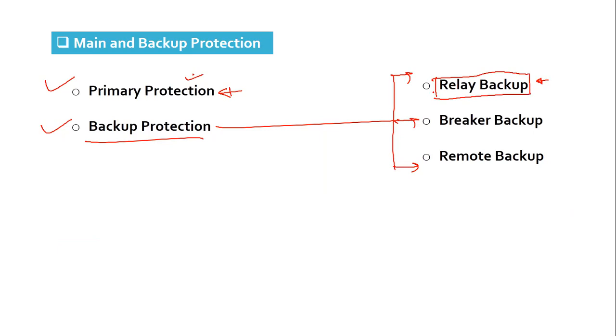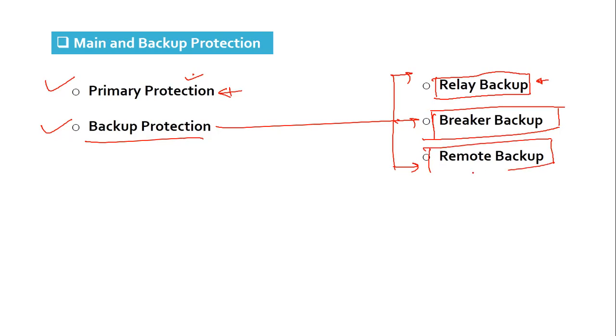There will be two identical sets. The second is called breaker backup. Breaker backup is generally for lines: if a fault is not cleared on a transmission line, then all the breakers associated with the bus bar connecting to that line will be tripped.